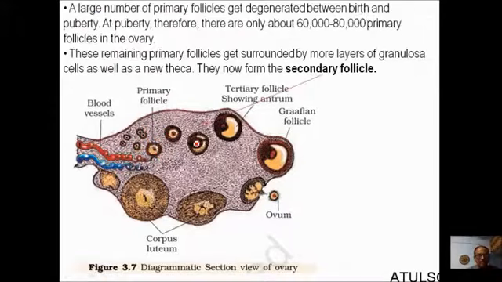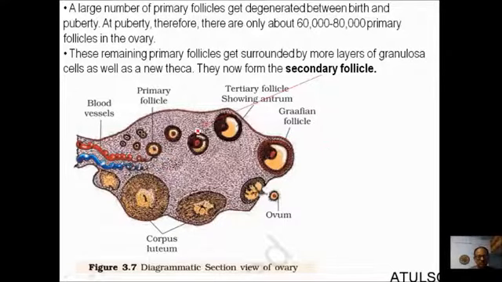Then the large number of primary follicles degenerate between birth and puberty. At puberty, therefore, there are only 60,000 to 80,000 primary follicles in the ovary. So the primary follicles degenerate, and very few of them remain. Those that remain change themselves and become what? Secondary follicles. How do they become secondary follicles?